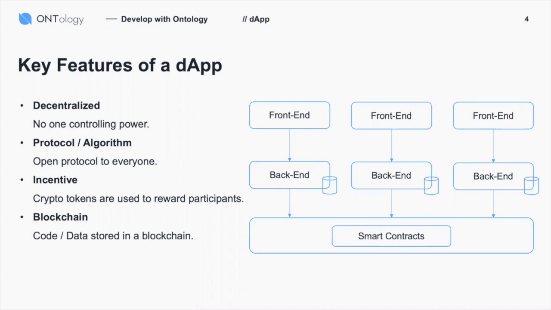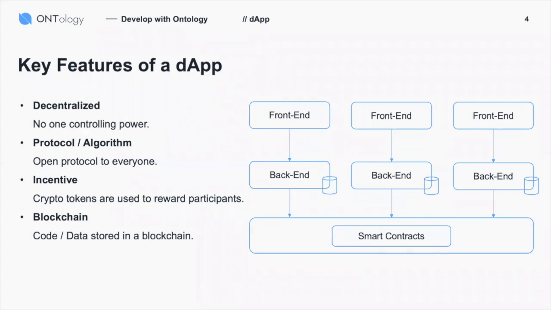So you have to carefully design your incentive mechanism to make sure the DApp can run for a long time. Even if some founders of the DApp leave the ecosystem, new ones can join the ecosystem to continue this DApp.